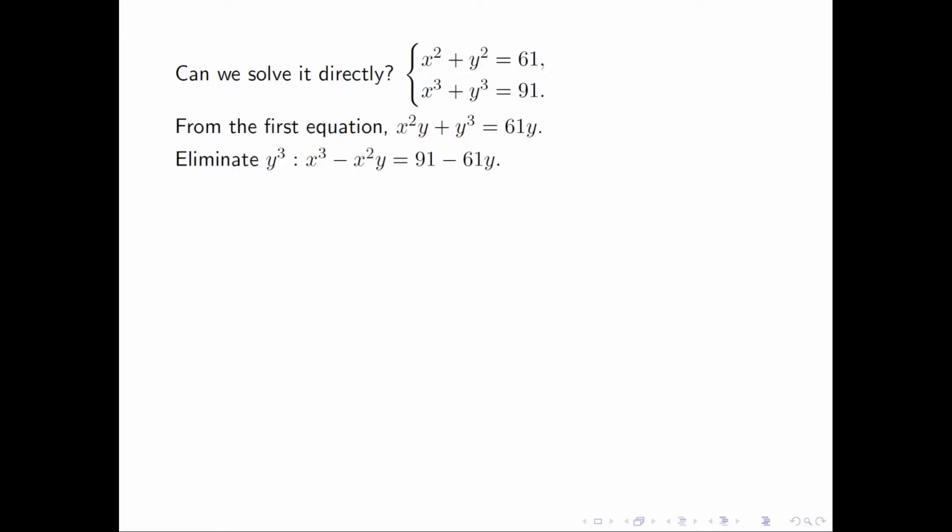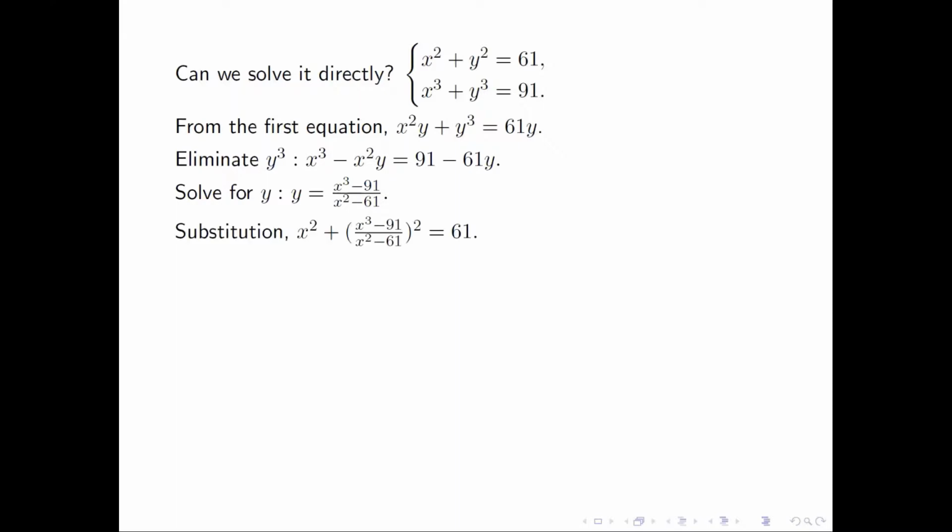We have x cubed minus x squared y equals 91 minus 61y. So this equation only contains linear terms for y. So we solve for y in terms of x. We have y equals x cubed minus 91, divided by x squared minus 61.